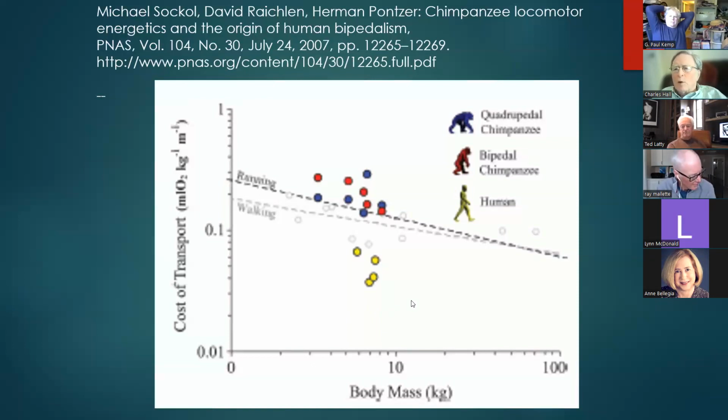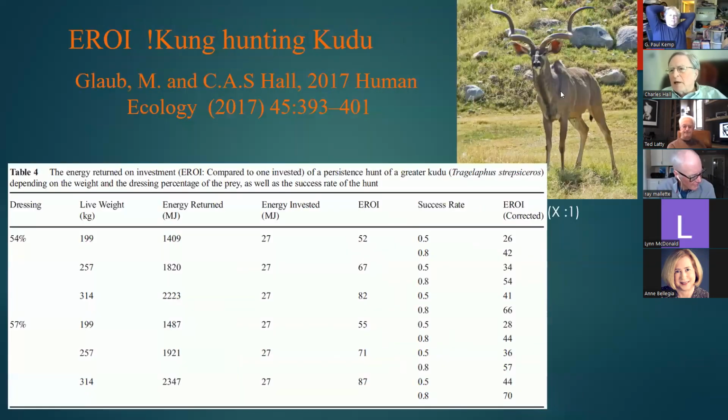Now, an animal like this, a kudu, is much faster than a human. But humans had to figure out how to hunt them, and a lot of our paper is figuring this out from the literature.